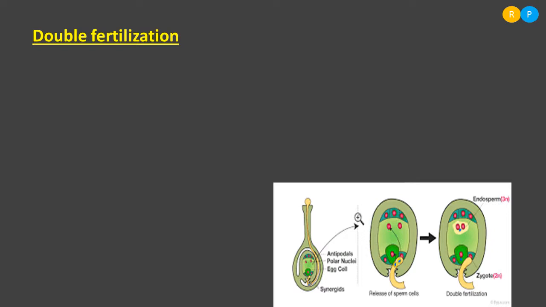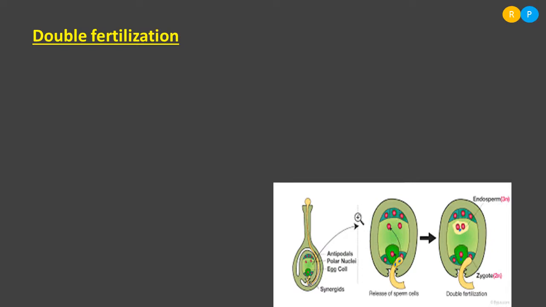So 3 cells towards the chalazal end are named antipodal cells, and the 3 cells present towards the micropylar end are named the egg apparatus. Among the three, the centrally located cell is the egg cell. Understood? So this is for the structure.